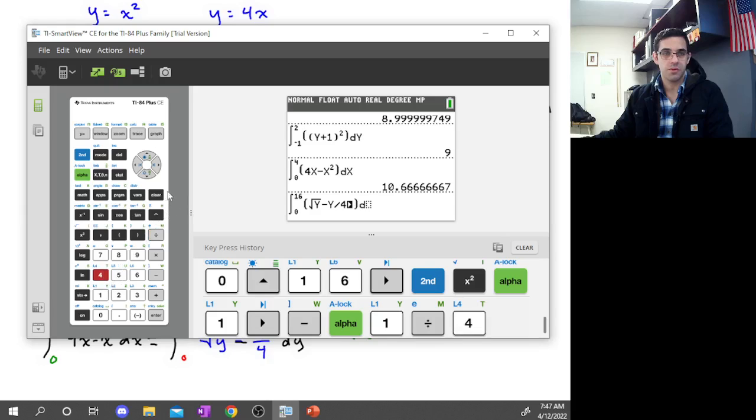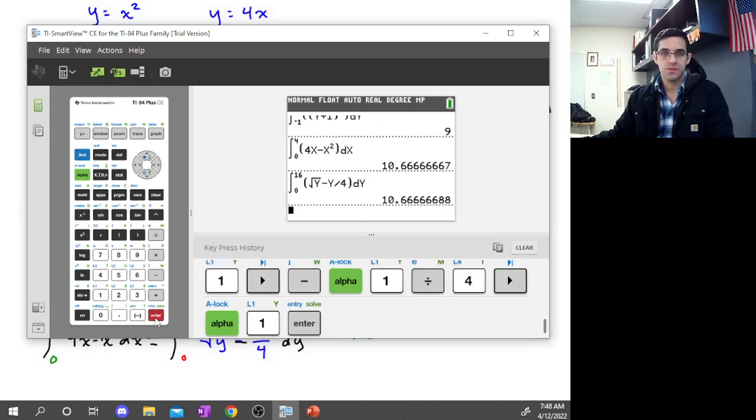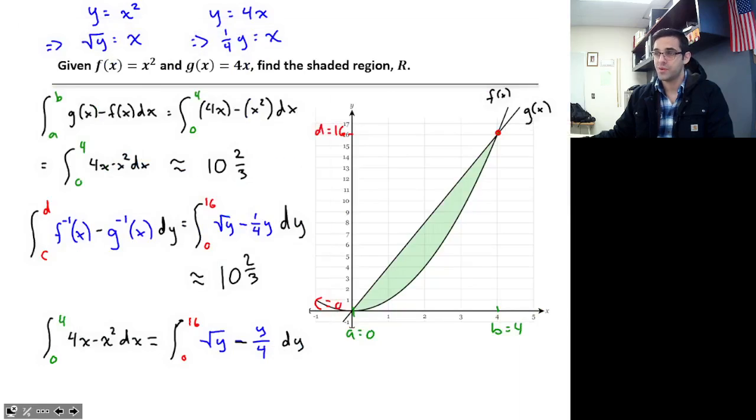That's just quicker to write than 1/4 y. And I'm integrating with respect to y now. And we'll see if we get about the same answer. Again, it rounds it a little differently, but that's okay. That's the calculator's problem right there, not your problem. But what we've just shown is that if we integrate with respect to x and we integrate with respect to y, we get the same answer. So that's that.